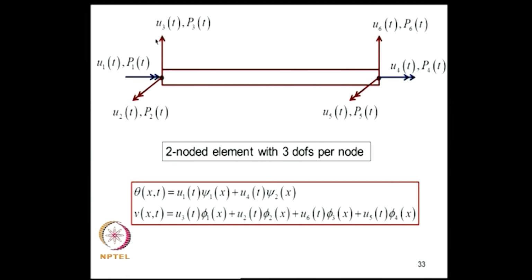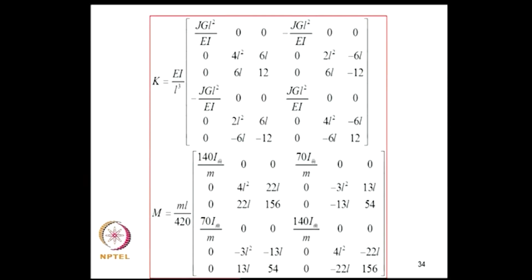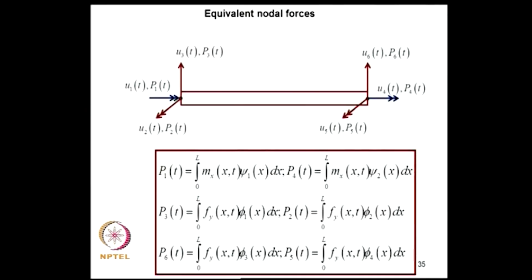That means the sequence is 1, 2, 3 here, 4, 5, 6 there. If we do that, it is just a rearrangement of terms, nothing conceptually new, in which case the K matrix and M matrix will have this form, which is more conventionally used. This is what you will find in many textbooks. So, these are the stiffness and mass matrices. They are 6 by 6 matrices, symmetric and so on.